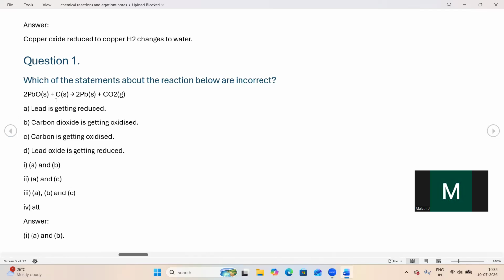Then if you take carbon, when it comes to the product side, it gains oxygen, forming carbon dioxide. Carbon is getting oxidized when coming to the product. Lead oxide is getting reduced when it comes to the product side. So the incorrect statements here are A and B. This is the answer.